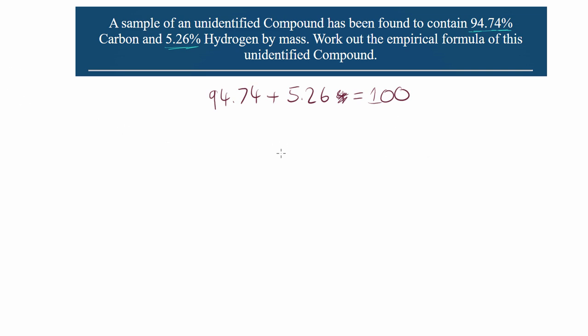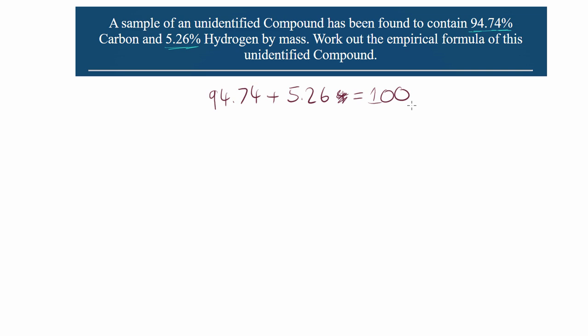And so that's fine. It's 100. Now we're looking for the empirical formula, which we know to be the simplest whole number ratio of the elements present in the particular compound.